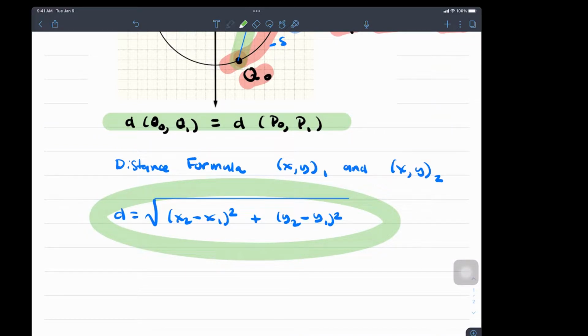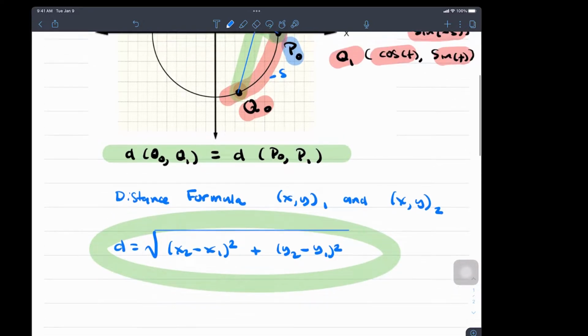Okay, and it's based on these coordinates. So you say, what about this Q1?